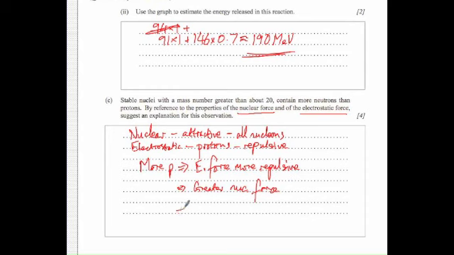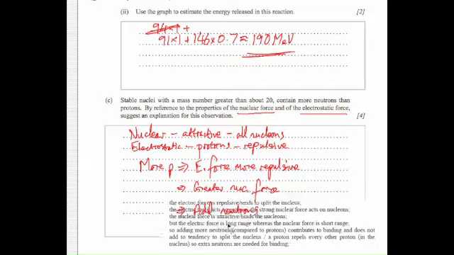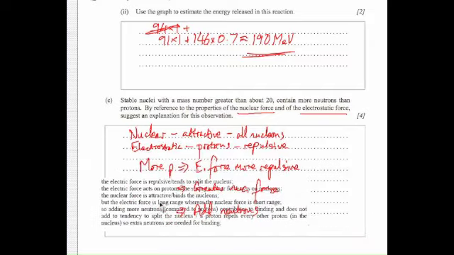Now, how do we get a greater nuclear force? Well, the nuclear force is between all nucleons. The only way to get a greater nuclear force without increasing the repulsion is to add more neutrons. And the Mark scheme answer says something like that.